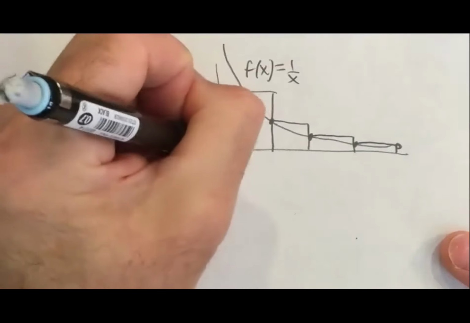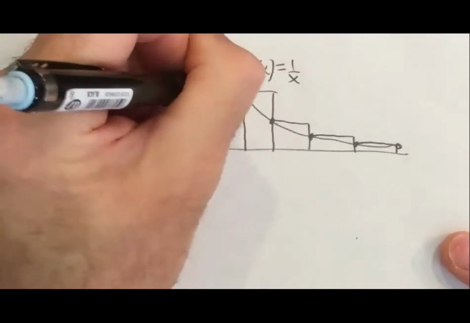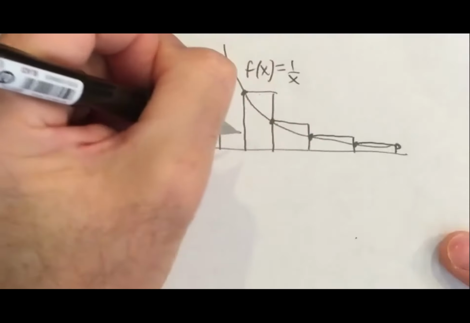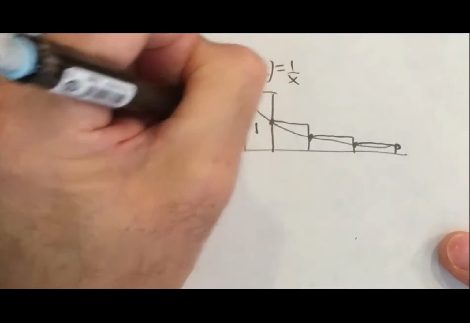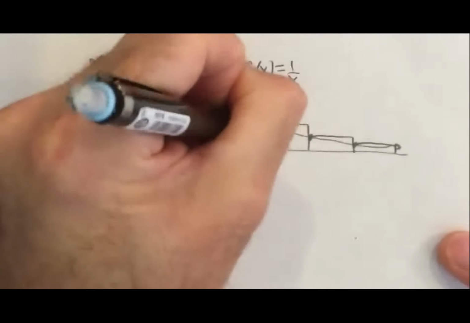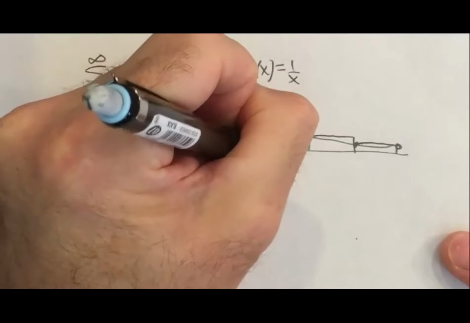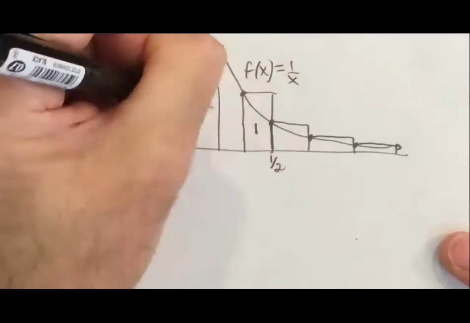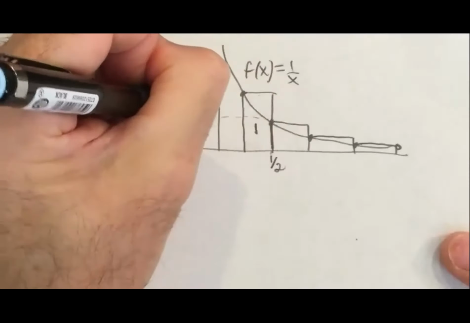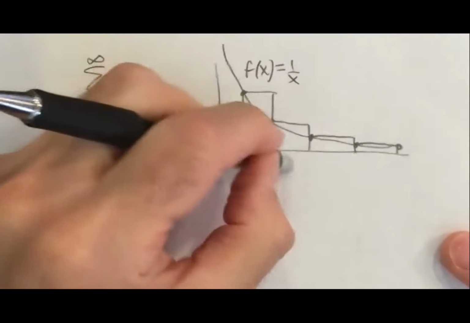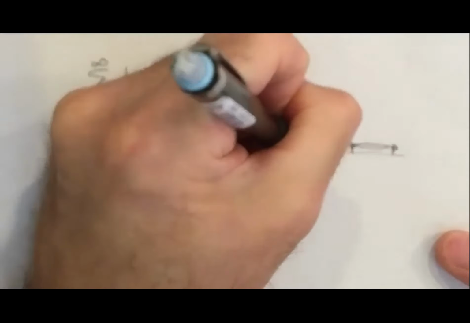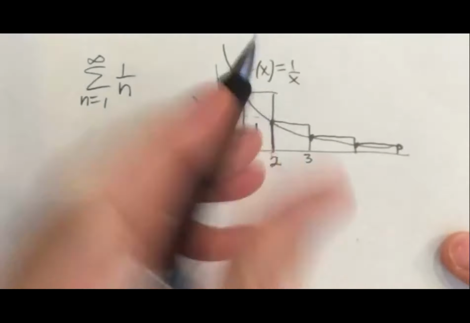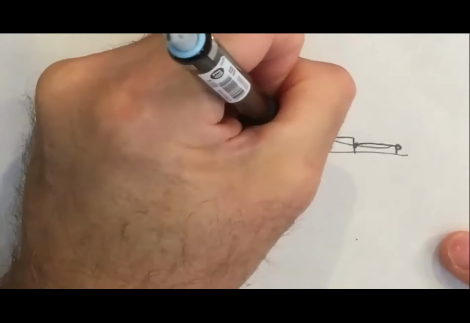So what's this? This is 1, 1. So this is 1 tall and it's 1 wide. So this has an area of 1. And so where am I here? I'm at 1/2 right here. So it's 1/2 tall and it's 1 wide, so the area is 1/2.